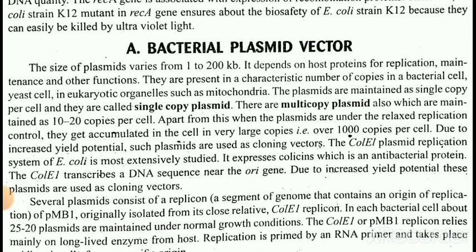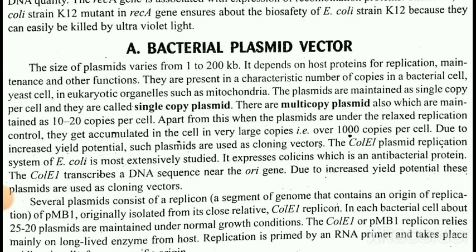The ColE1 plasmid replication system of E. coli is most extensively studied. It expresses colicins, which are antibacterial proteins. ColE1 transcribes a DNA sequence near the ori gene. Due to increased yield potential, these plasmids are used as cloning vectors.